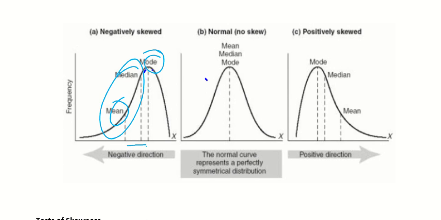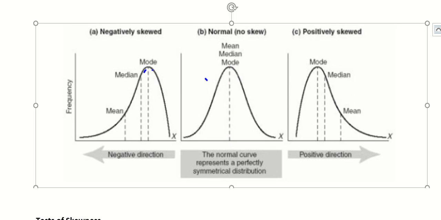You just have to see the gap between mean and mode or mean and median. But if the mean, median, and mode are on the same line, the data is normally distributed. So the difference between mean and mode and mean and median tells you the extent of skewness. Let's move forward now.